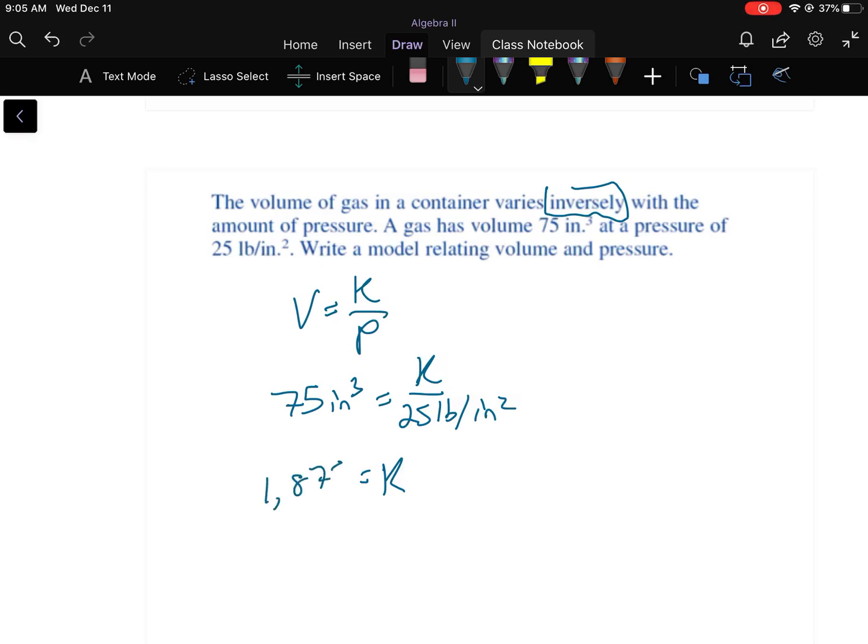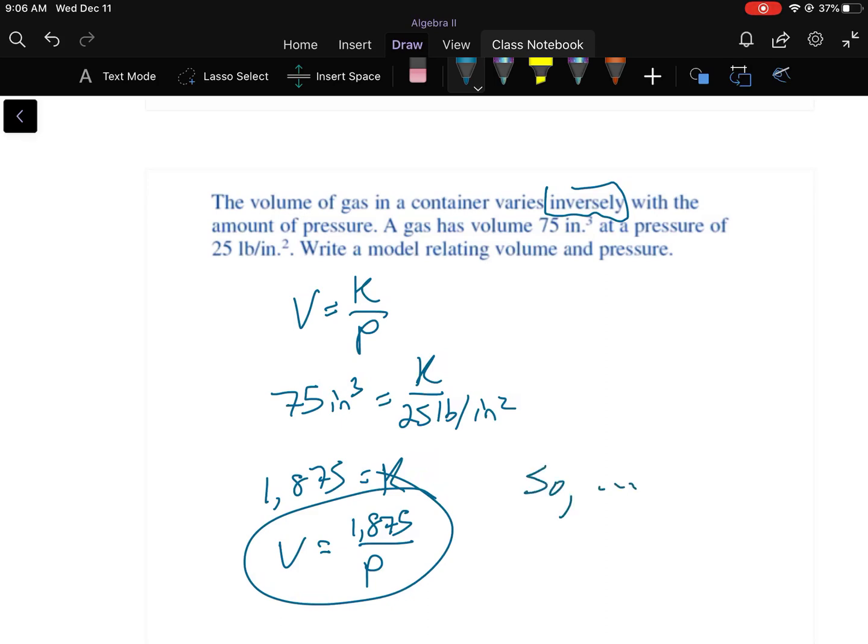It's 1,875. So the equation would be volume equals 1,875 over P. So that'd be your model. Let's say I give you this new value of P, let's say it's 15. You can take the 15, plug it in for P, and find out the volume of the gas that goes along with it.